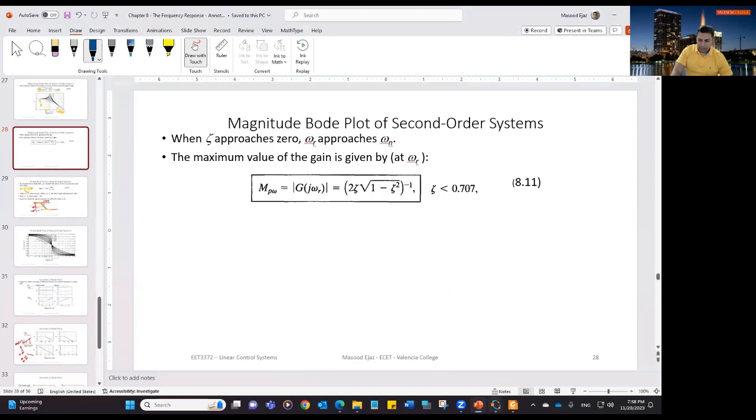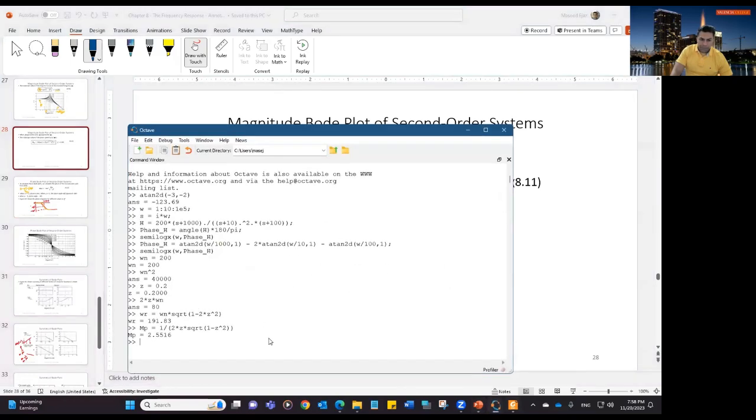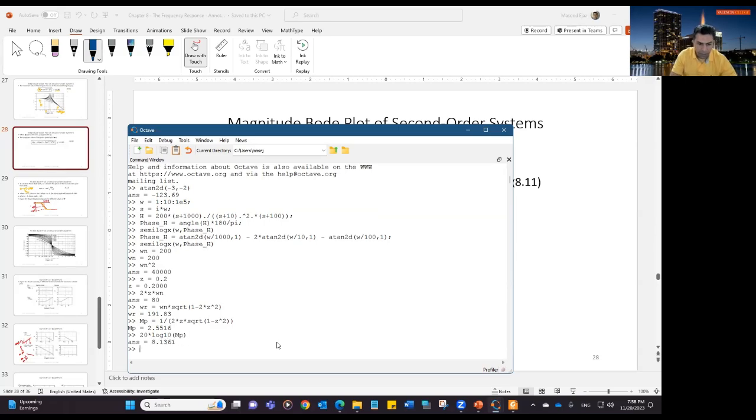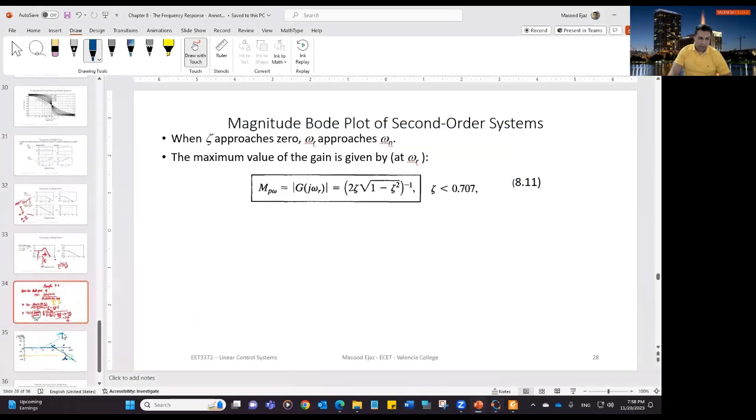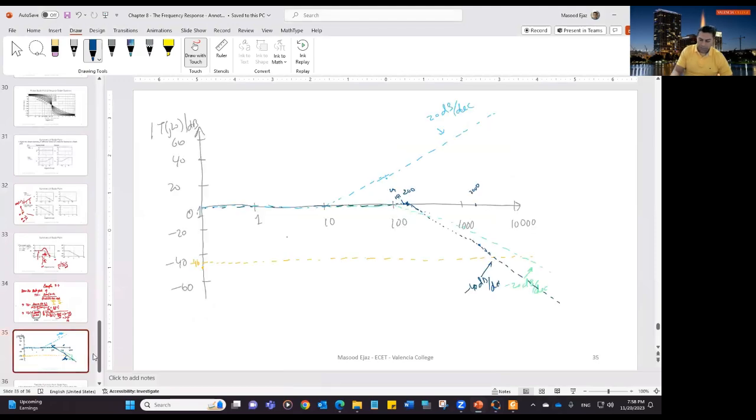So let's take the decibel. 20 times log 10 of that. So 8.1361. That's the peak value in decibel. So 8 will be something right here.